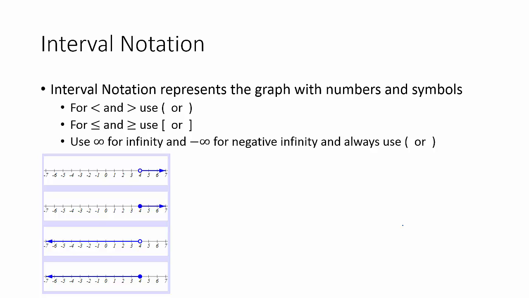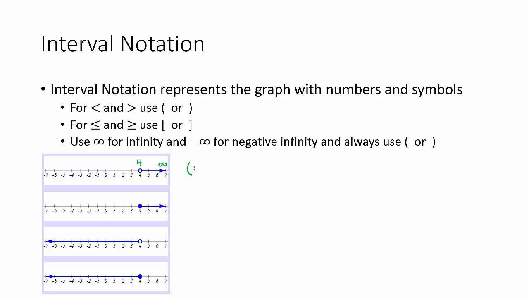So for example, here's 4 graphs that I've prepared for us. All of them hit the number 4. I'm going to use a different color than blue so it stands out a bit. How about green? They all hit the number 4, but this one goes off to the right all the way to infinity. The way we show that with interval notation is, because we're not equal to 4, it's an open dot.